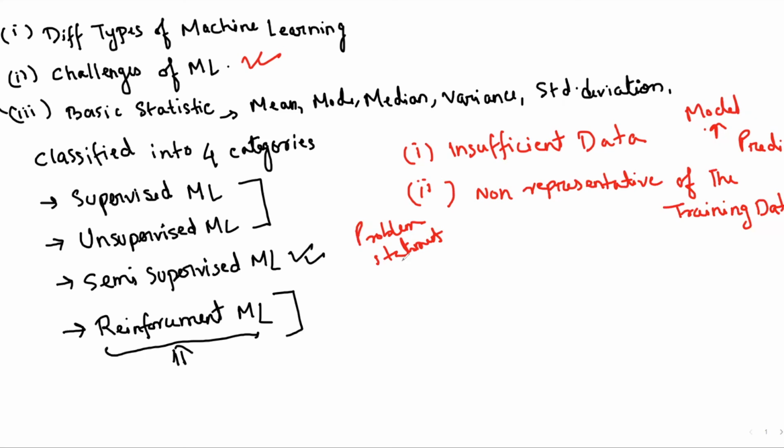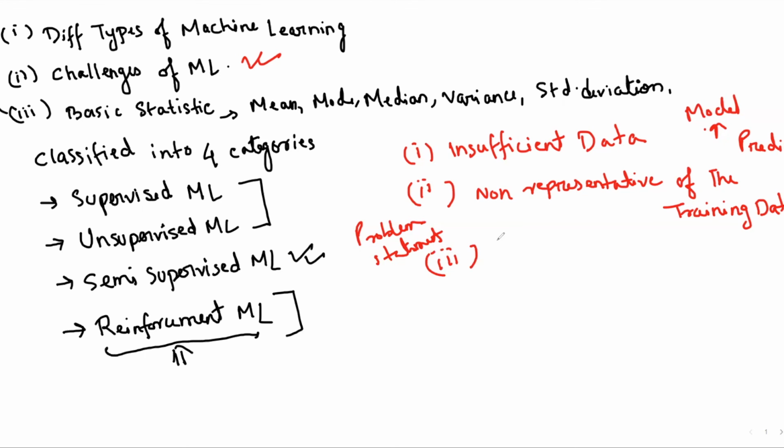Maybe the data that we have is of a completely different nature. It's not a true representation of the problem statement we have in hand. It might happen that we have built the model, and though its accuracy is high, the problem is different and the model is not solving that problem. So this is also one of the challenges, non-representative training data.